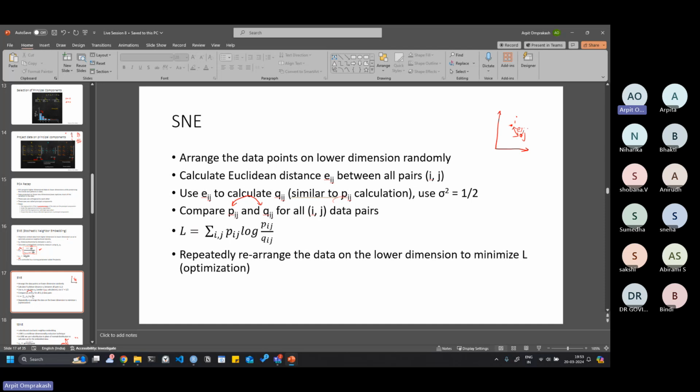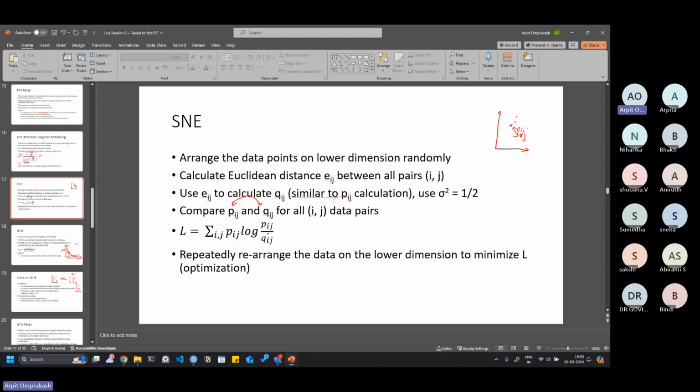So we compare for all of it and we repeatedly rearrange the data so that we optimize the log ratio of Pij and Qij. This will be at its best when Pij and Qij map to each other one to one, perfectly onto each other. So we want to get as high a value as possible.